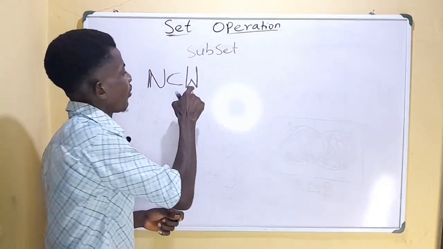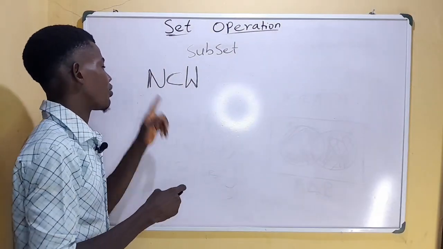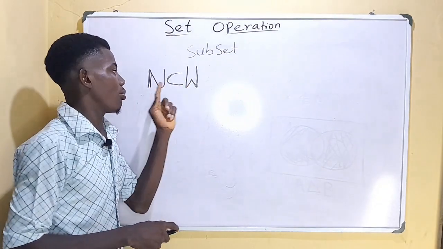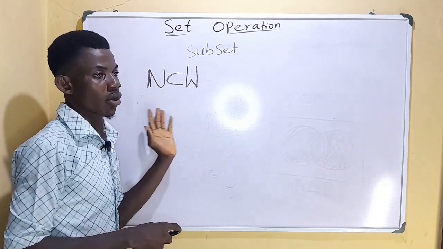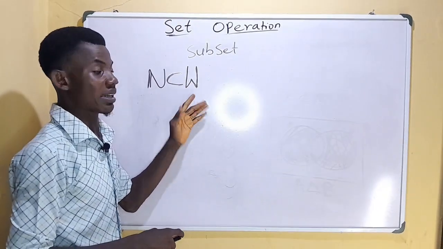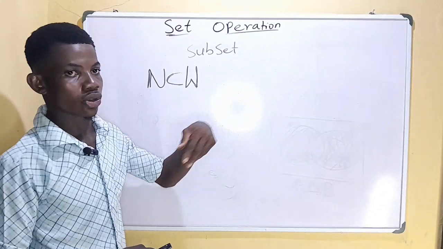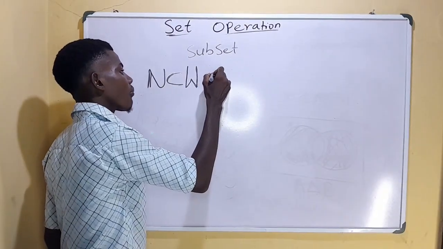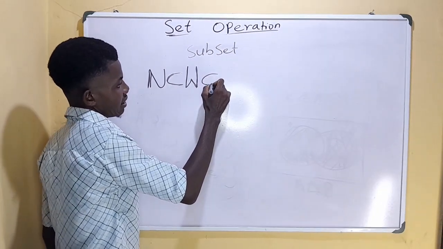Now, whole numbers have one thing different from natural numbers. Whole numbers contain 0, but natural numbers start from 1, while whole numbers start from 0 to positive infinity. Now, this whole number is a subset.